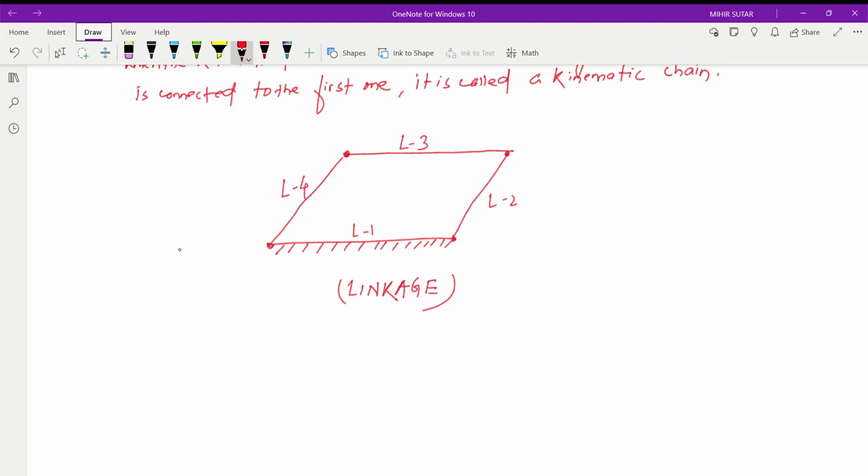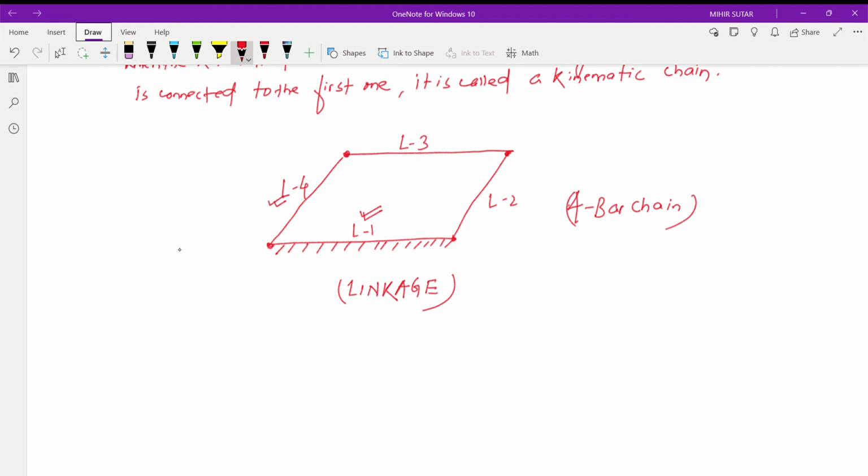So here you can see the first link, link 1, is connected with the last link, and they have a particular motion to transmit, the relative motion. So it is known as a kinematic chain. This 4-bar chain is an example of a kinematic chain.